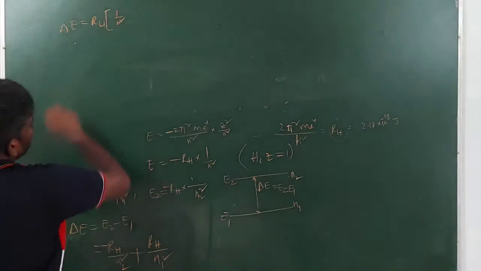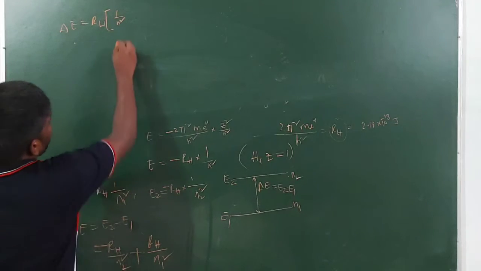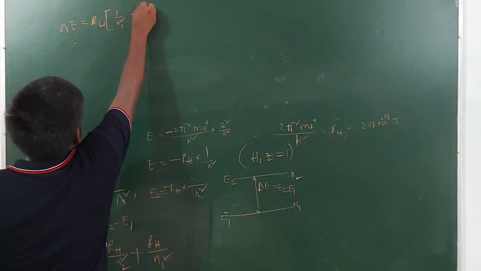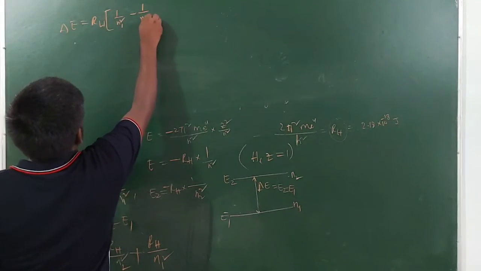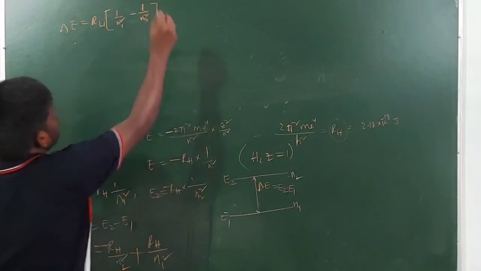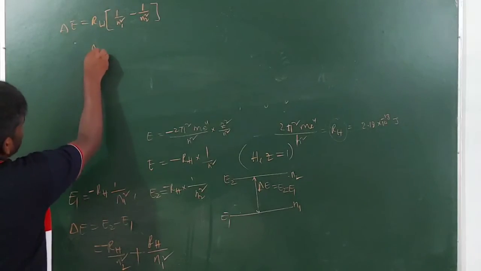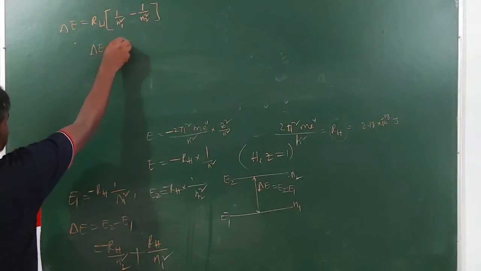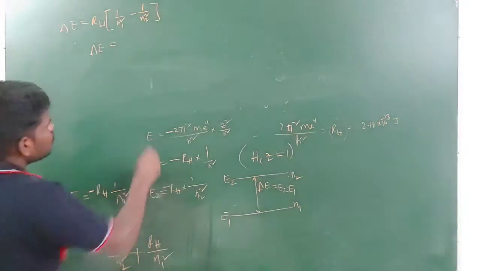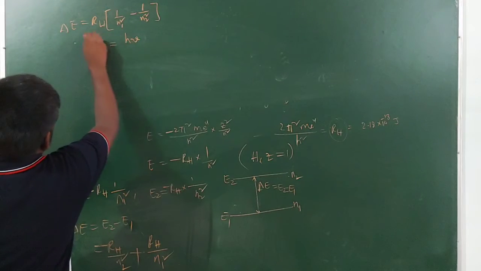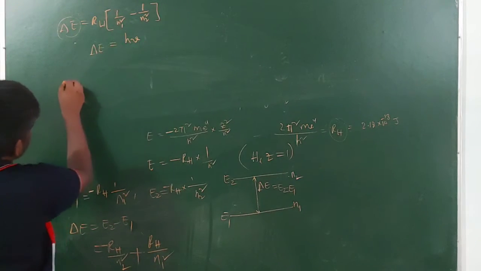So after taking common RH, you will get 1 by n1 square minus 1 by n2 square. Now from Planck's quantum theory, energy is equal to h nu. Now instead of delta E, you can write h nu.